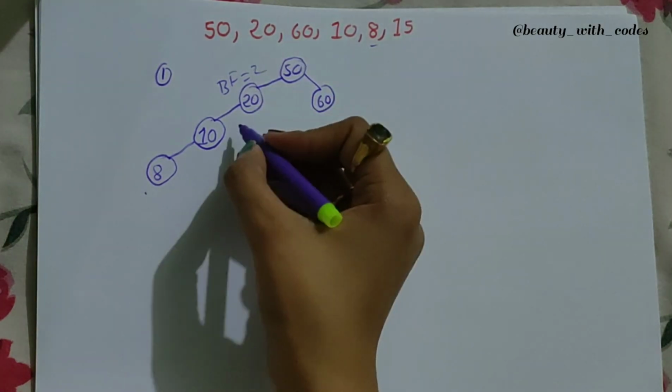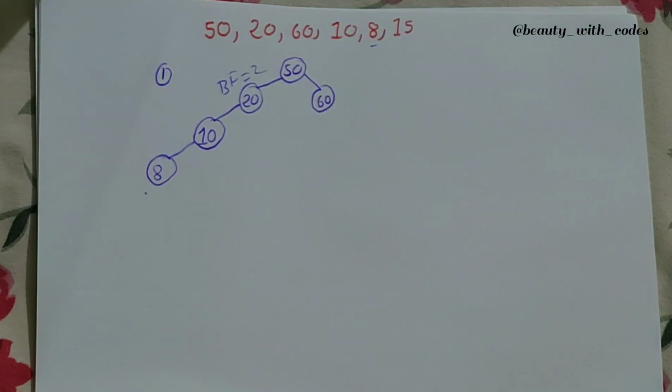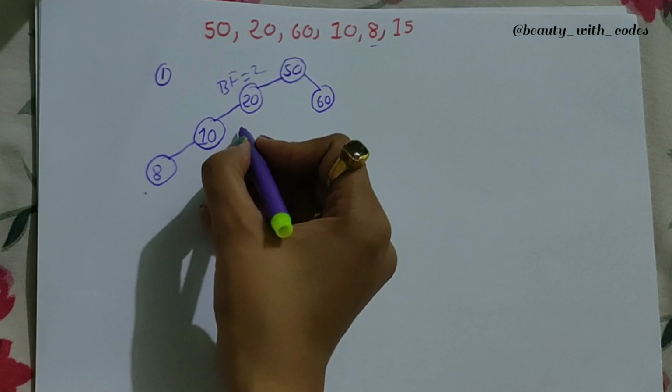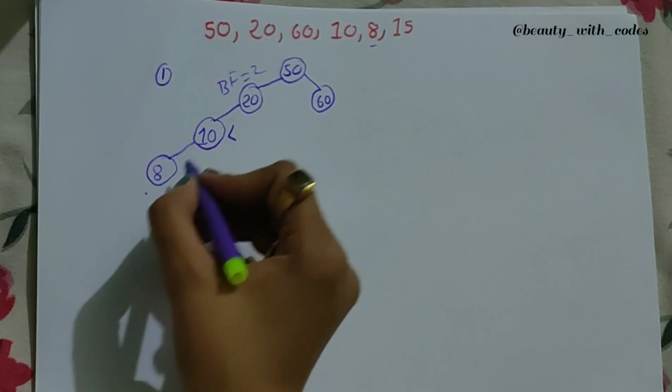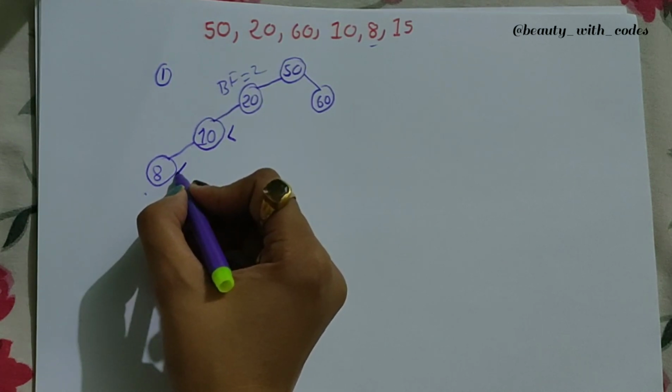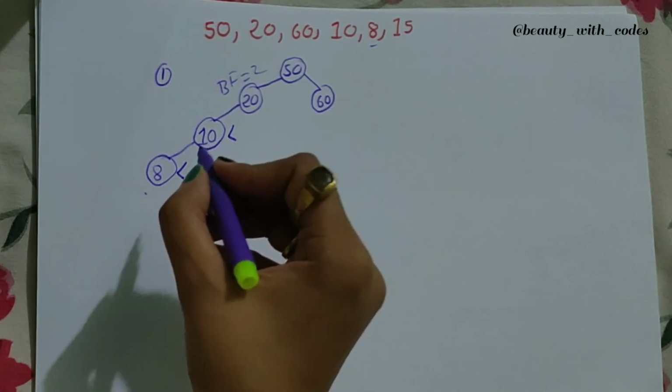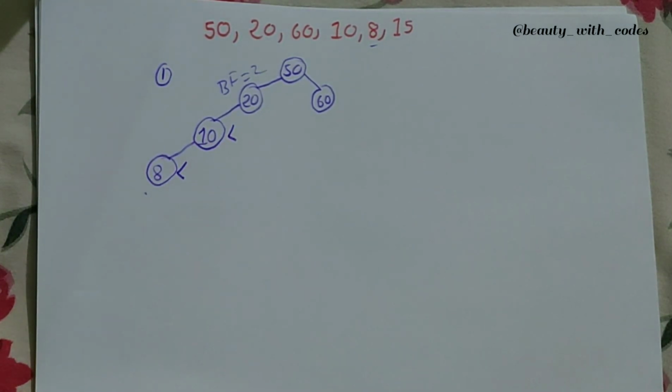So which type of rotation do we need? See, the first child, or the direct child, is L, that is left child. Second, it is again left child, so LL. Whenever there is a case of LL, we need to move in the clockwise direction.